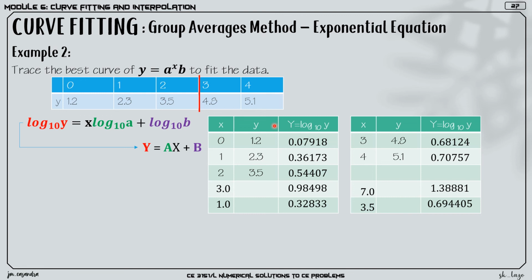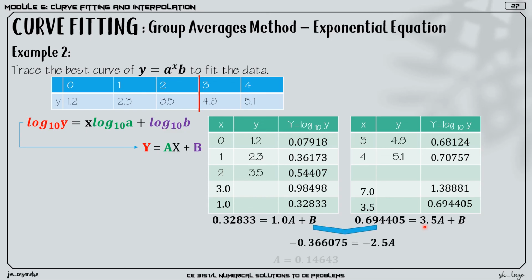From here, we get the equivalent linear equation of the first group as 0.32833 equal to 1a plus b, and the equivalent linear equation for the second half as 0.694405 equal to 3.5a plus b. To eliminate b, we subtract the equation of the first group from the equation of the second group.